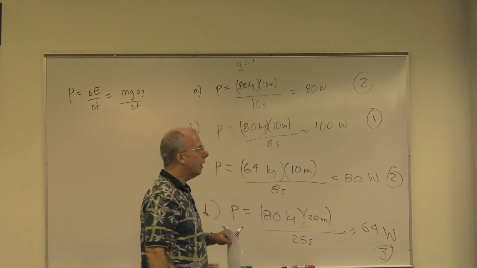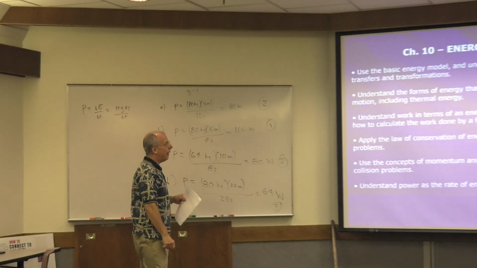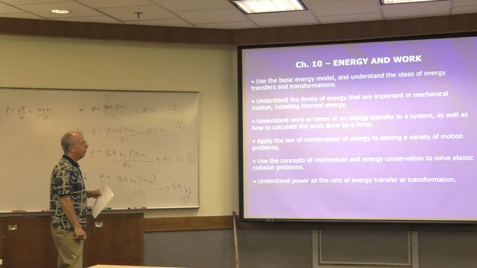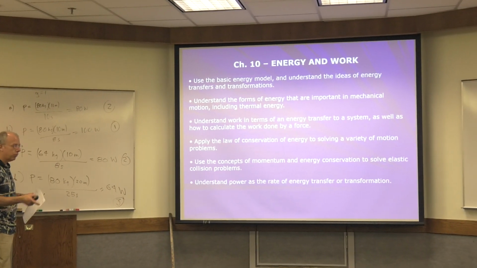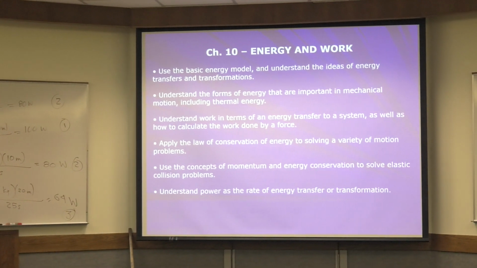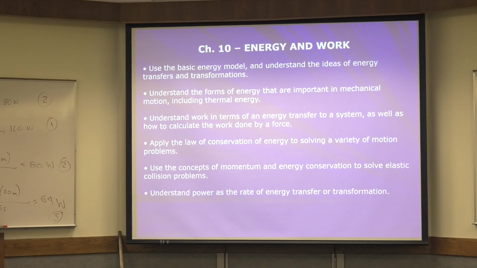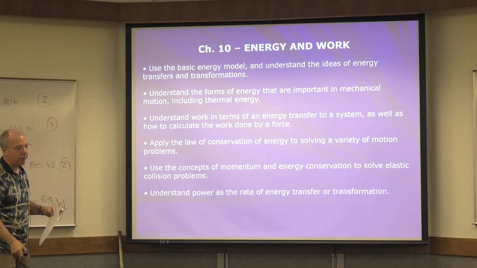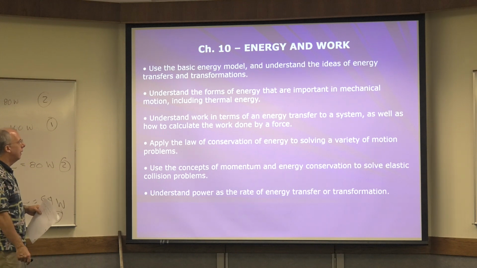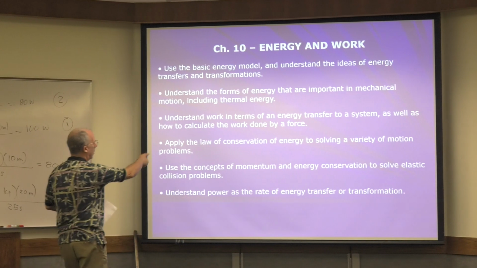Okay, so let's review. We learned the basic energy model. We talked about energy transfers from the environment to the system, and transformations within the system. Forms of energy like thermal energy, kinetic energy, potential energy due to gravity, potential energy due to the spring. We talked about work.